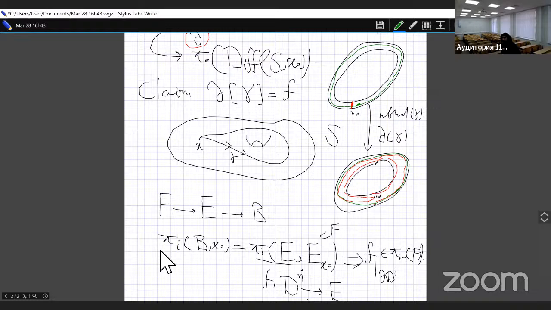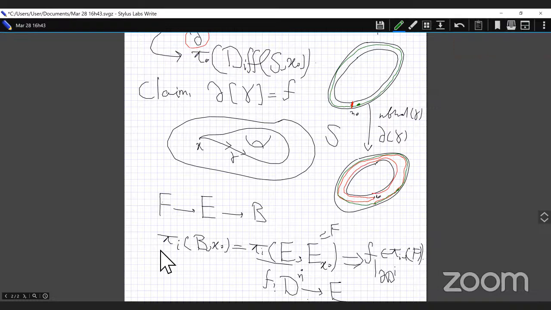So we come back to X naught. X naught must go to itself. Does this make any sense? No. I don't understand what Hatcher writes, and I don't know what you're talking about. I don't see how this is going to define something.